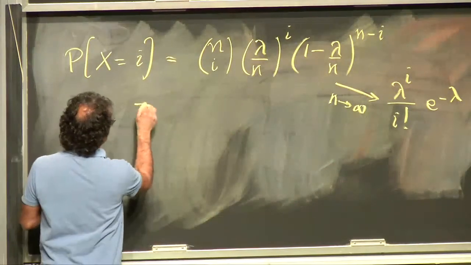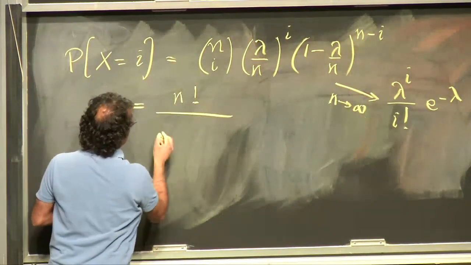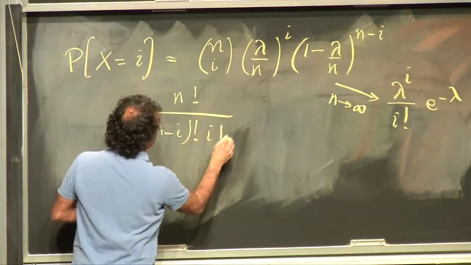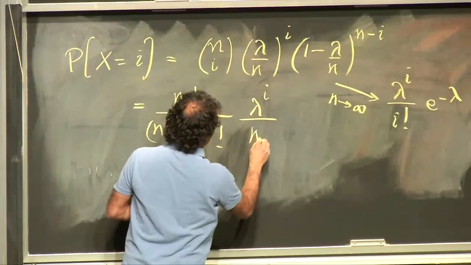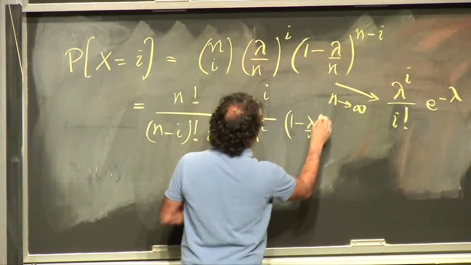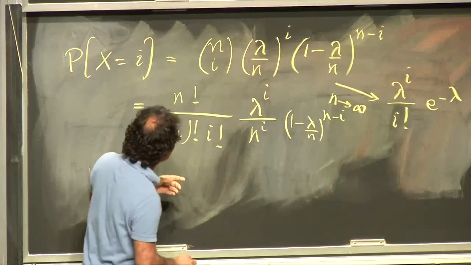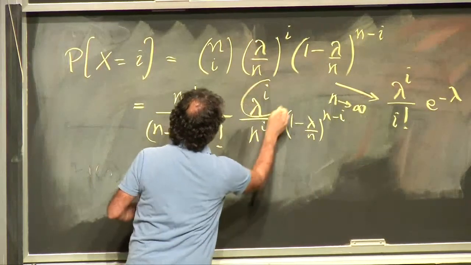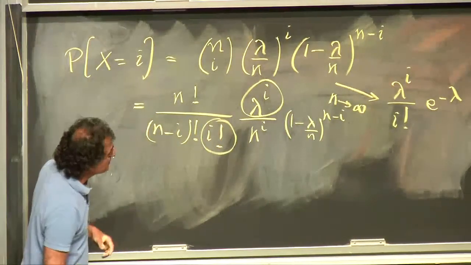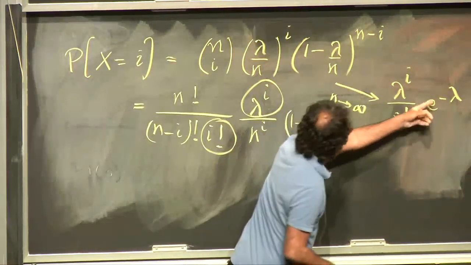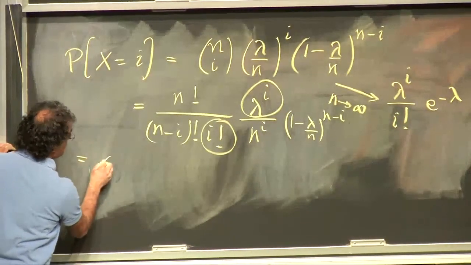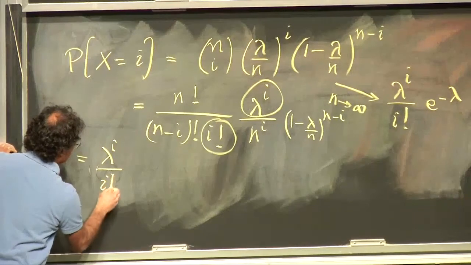In fact, what is this? This is n factorial divided by n minus i factorial, lambda to the i divided by n to the i, 1 minus lambda over n to the power of n minus i. Now what do we want? We want the lambda to the i to match that, we want the n to the i, and we want an e to the minus lambda. So let's pull this out. This is lambda to the i divided by i factorial.